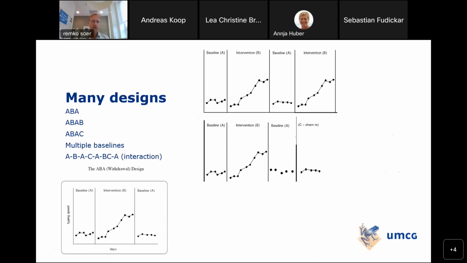Then there are a lot of these designs. We have now only talked about the A-B design, so you have a baseline and an intervention. But you also have a baseline, intervention, baseline again. If you want to see whether this was due to natural healing, yes or no, then do another baseline.